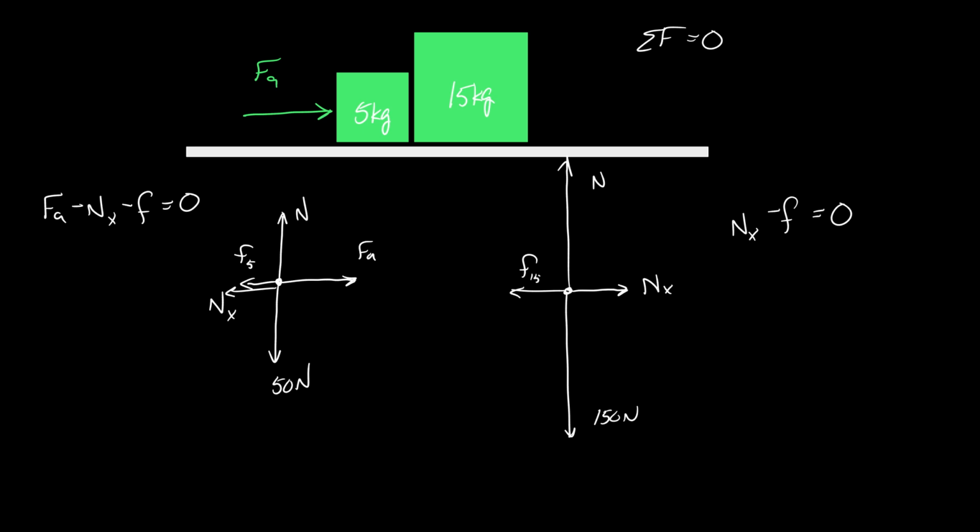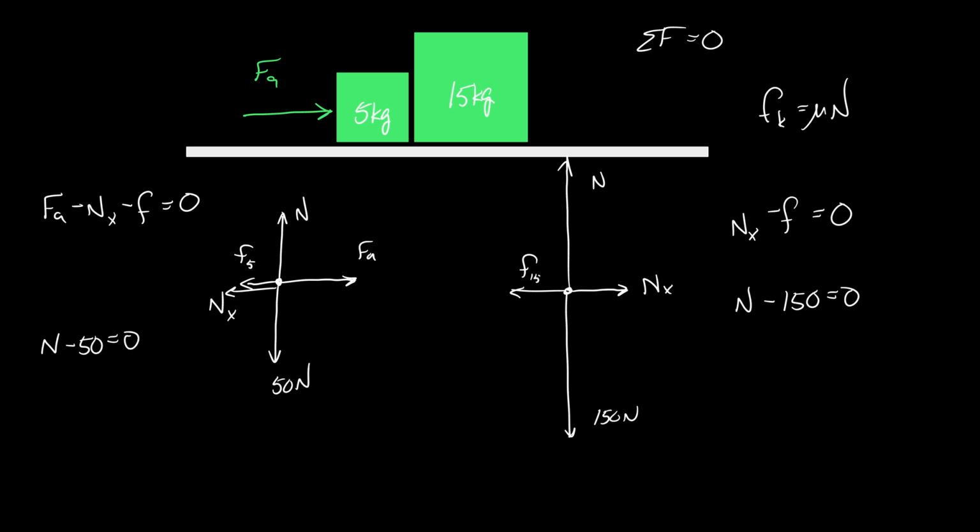Now, we can do more because we know that kinetic friction is equal to mu times the normal force. And in both of these situations, the net force in the y direction is also 0. So for the box on the right, normal force minus 150 equals 0. And the box on the left, normal force minus 50 equals 0.